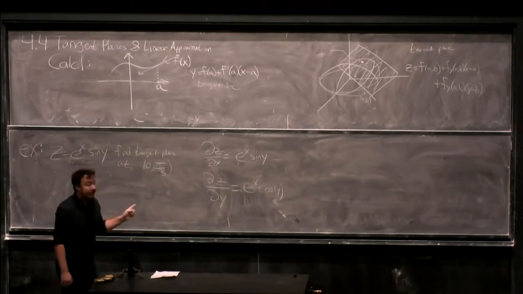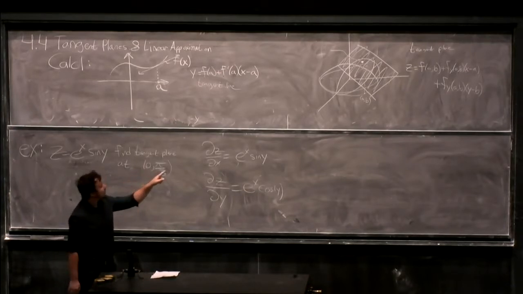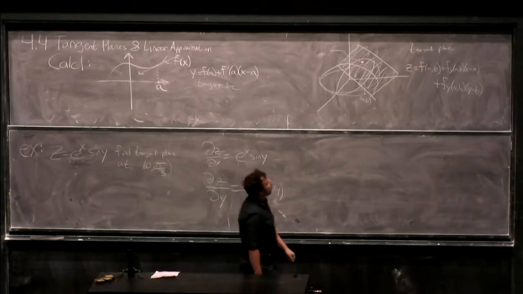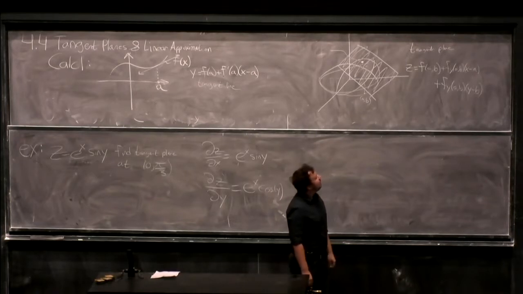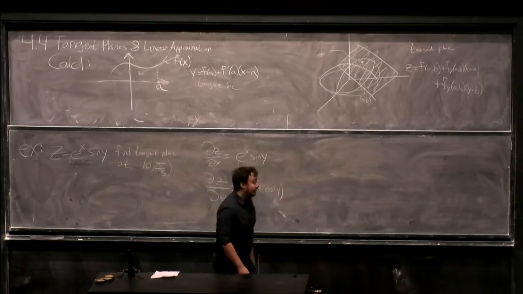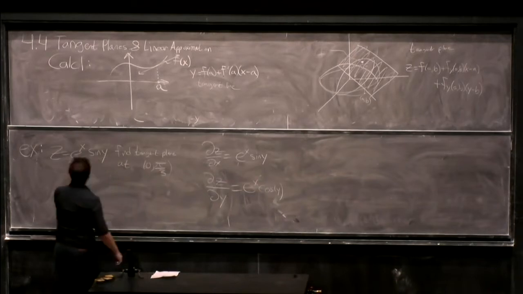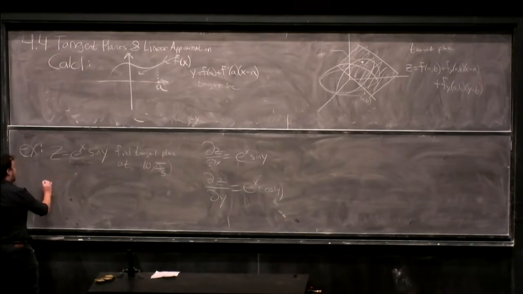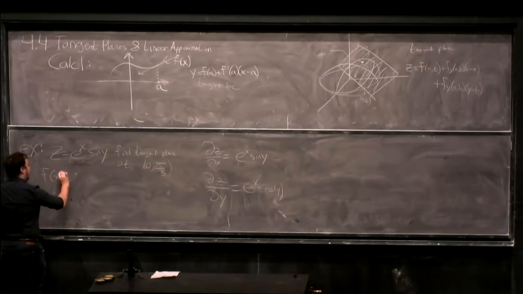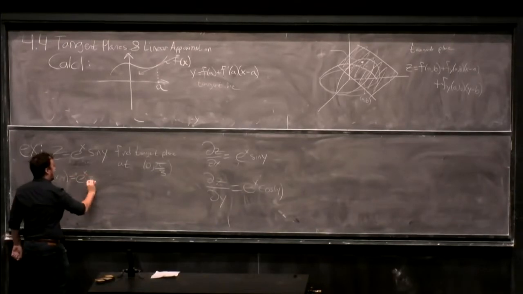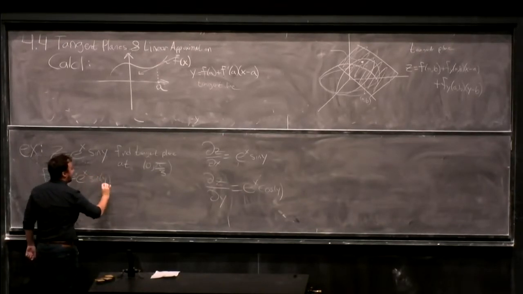So we know those now, and according to the formula up there, we need the partial derivatives, and then we need f of a b. Now I said this was z equals e to the x sine of y, but really I could also write f of x y is e to the x sine of y.